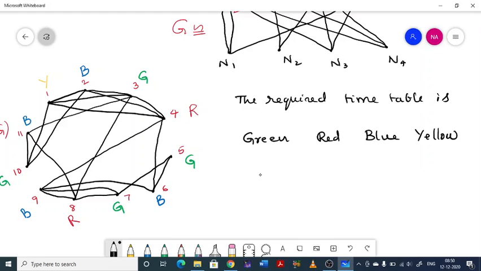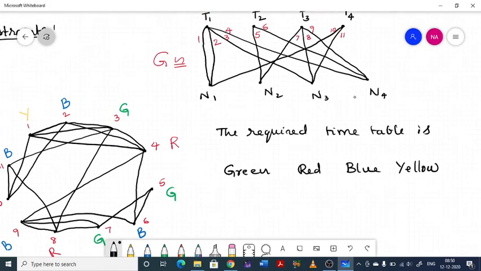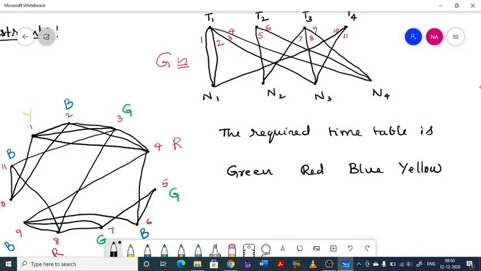Okay, green has come, green 3, so this one is important for me. 3 is an edge between T1 and N3, so T1 and N3. Next, green 5 is an edge between T2 and N2.